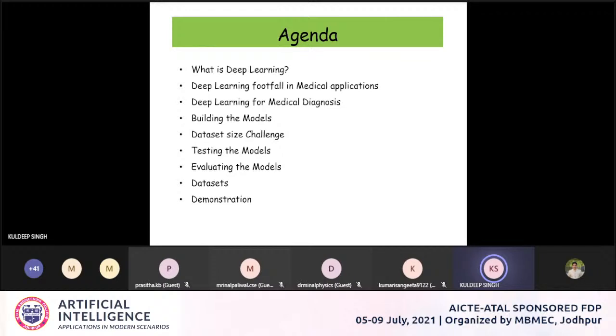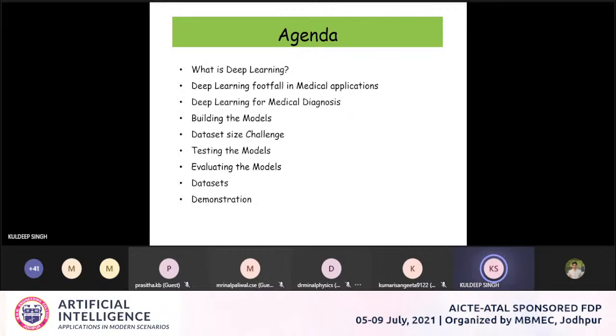So if we talk about the agenda of this talk, we will have a quick introduction of deep learning. I won't devote much of the time to the basics of deep learning. I'm sure other instructors in this FDP must have thrown some light on the basics of deep learning.